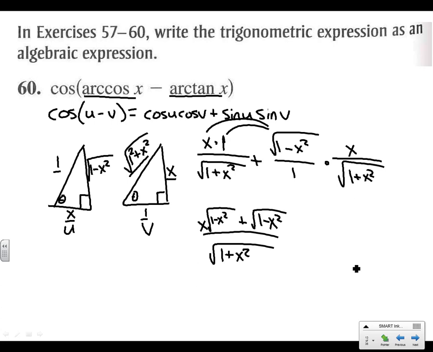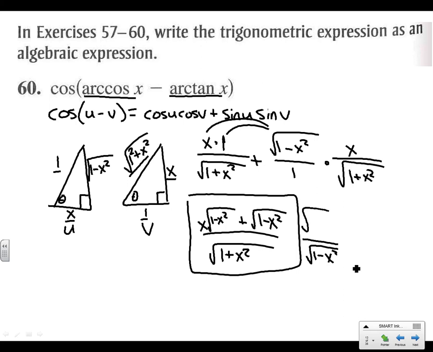If we keep going at this point, it's going to get really ugly. So I'm going to say let's just leave it right here for now, understanding that really we should multiply top and bottom by the square root of 1 plus x squared, so we can cancel out, use our conjugate.